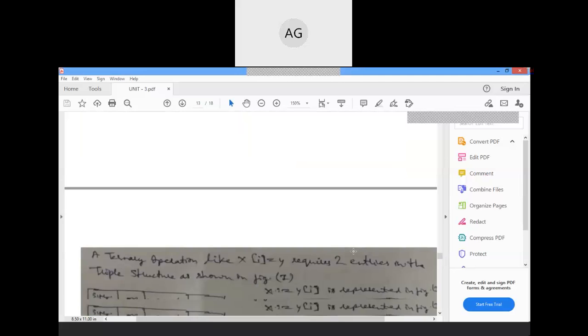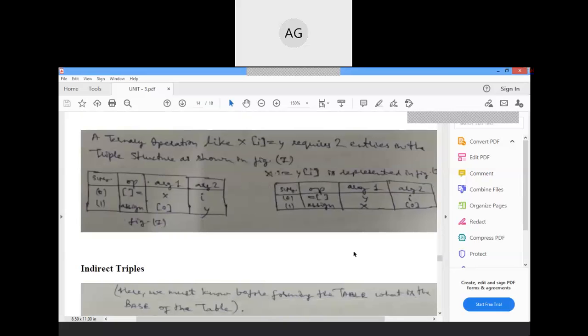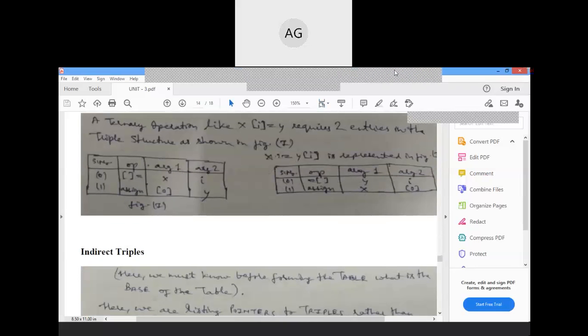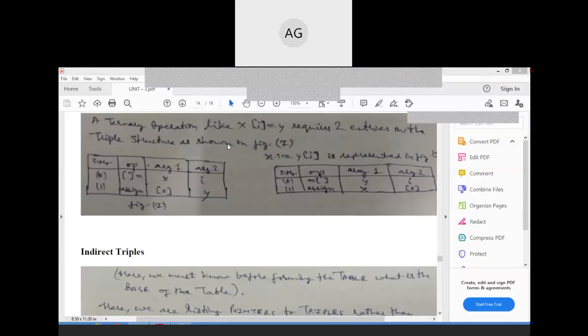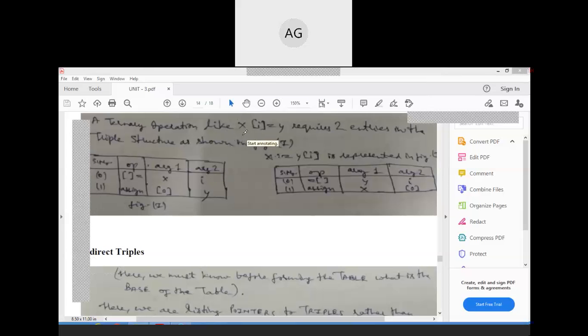Now moving on. You can also store the triple structure for the ternary operators. So the ternary operators like x indexed I equal to y require two entries in the triple structures. This can be stored by writing the bracket equal to in the operator, then writing x on the left hand side and I on the right hand side.